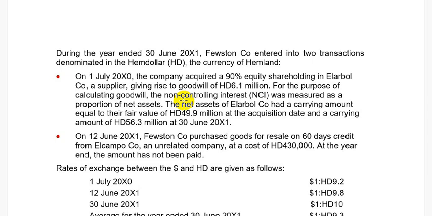For the purpose of calculating goodwill, the non-controlling interest was measured as a proportion of net assets. The net assets of Elco had a carrying amount equal to their fair value of 49.9 million HD at the acquisition date and a carrying amount of 56.3 million HD at 30 June 20X1.